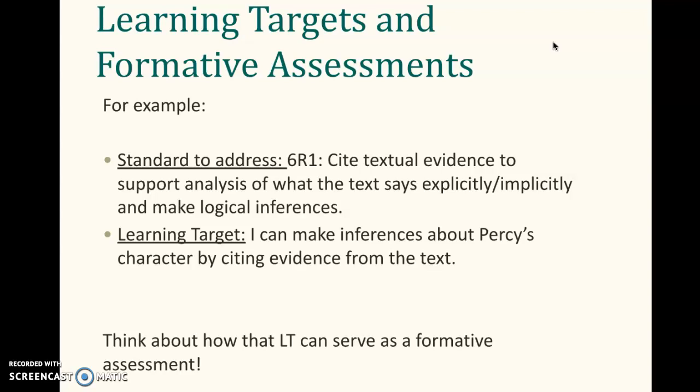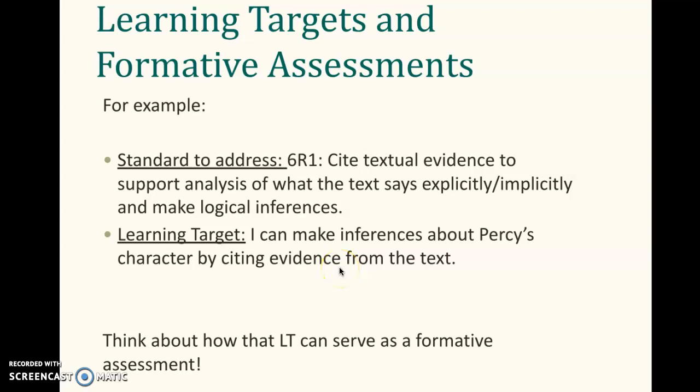I could have said, I can make inferences about a character using text evidence. Same thing, right? And that's totally aligned with the standard, and that's okay. But I have a specific text in mind because I'm planning a lesson. It's not hypothetical. So I can be specific, right? I want them to look only at Percy, not at another character. Still focused on the inferences and then using text evidence.